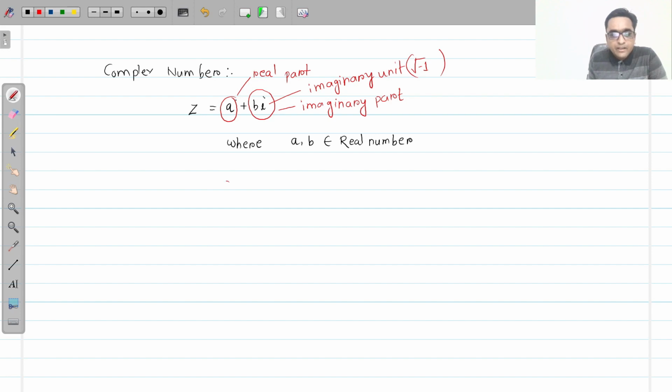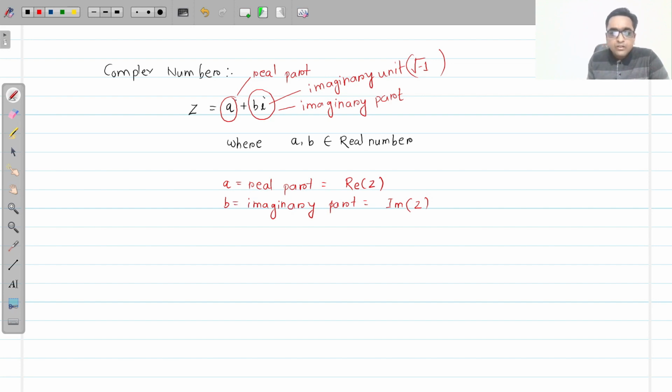So we know that a is simply the real part, denoted by Re z, that is the real part of the complex number z. b is the imaginary part, which is denoted by Im z, that is the imaginary part of the complex number z.